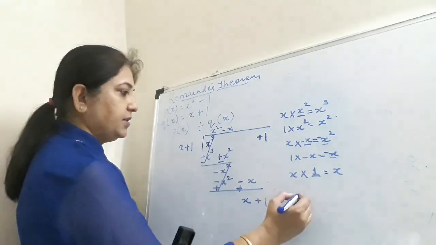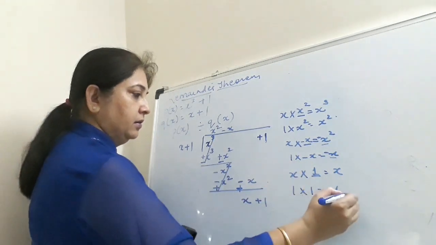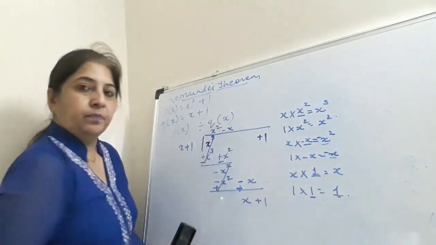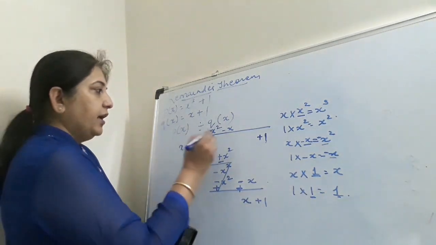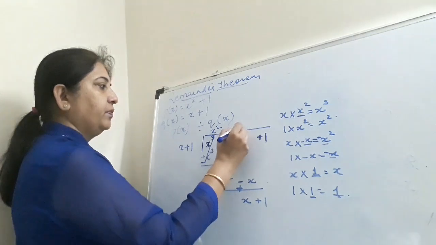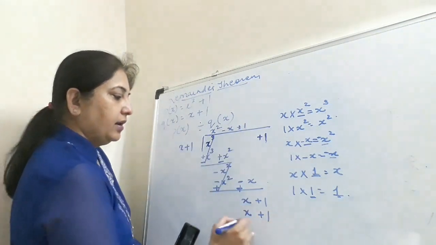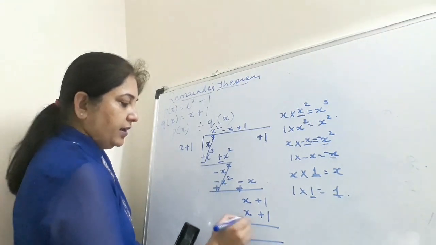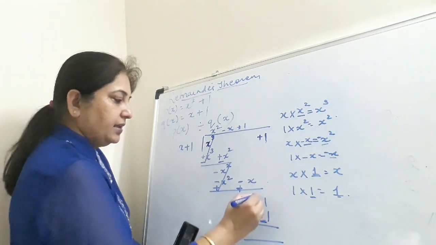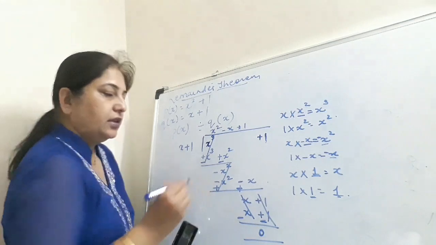And 1 and 1 will give me 1. So x into 1 will give me x, and 1 into 1 will give me 1. So when I subtract these, I cancel these, and I get 0.